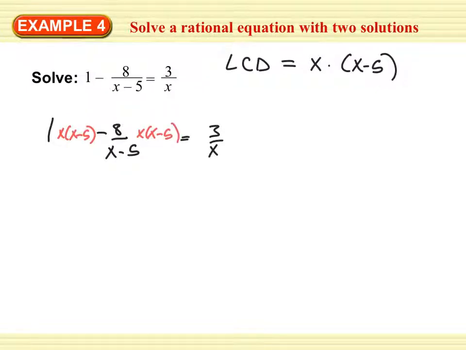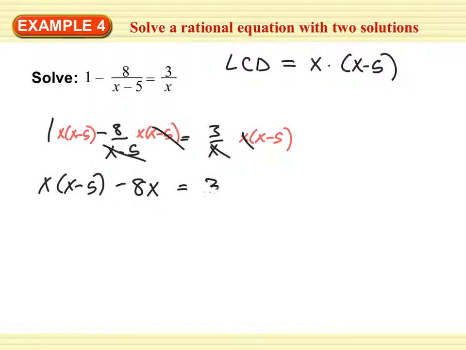The first term has neither one of those, so I need to keep them both. Okay, the second one, it's got that, so I just need the x. And that last one, I need the x minus 5.